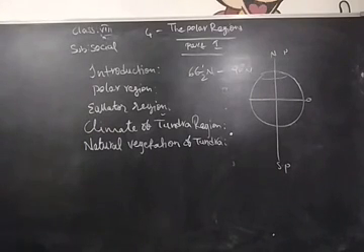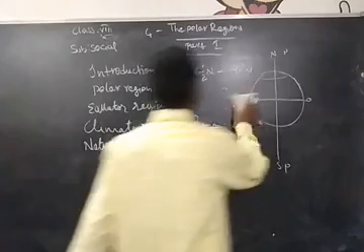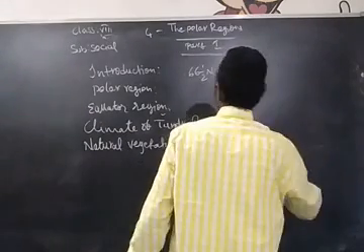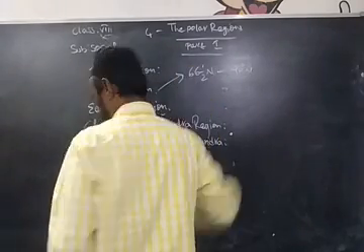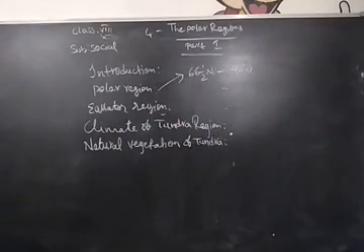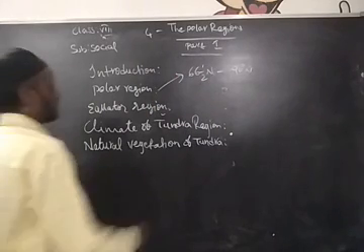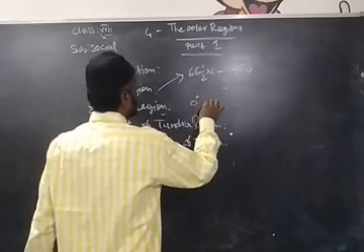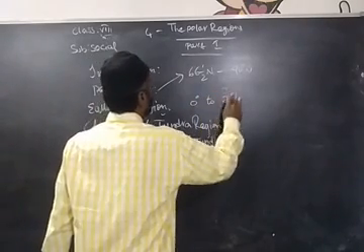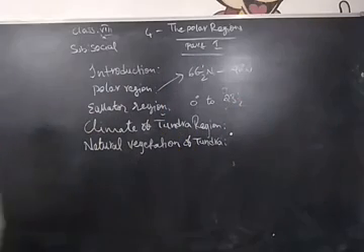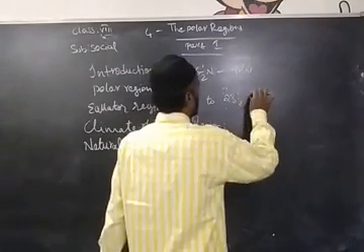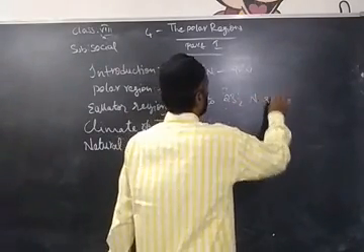Now the equatorial region. This is the polar region. Now the equatorial region lies from 0 degrees to 23.5 degrees, that is, north and south latitudes.